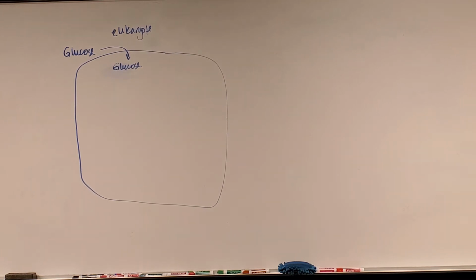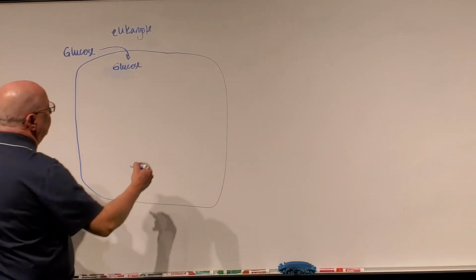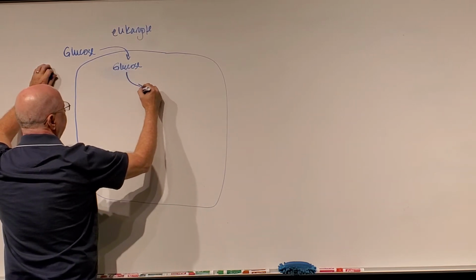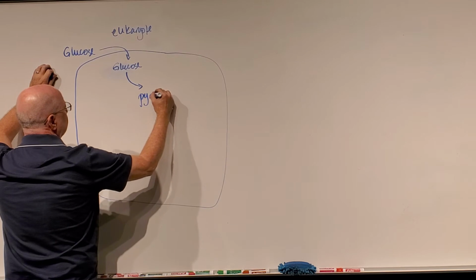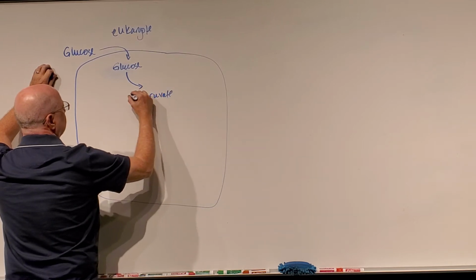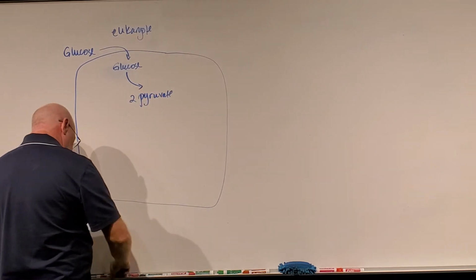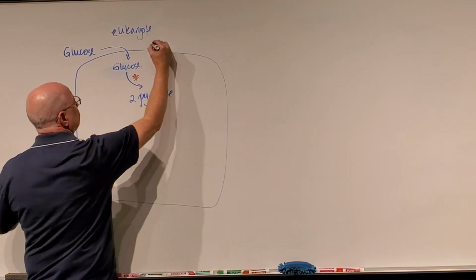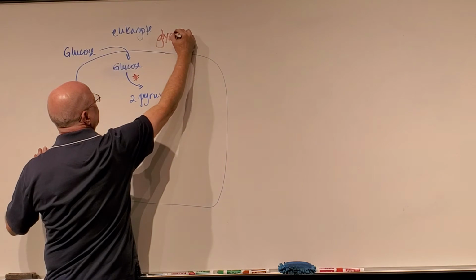Now, what I want you to note is there are a couple of important things that happen as I run it through the chemical reactions to turn it into pyruvate. This process is called glycolysis.